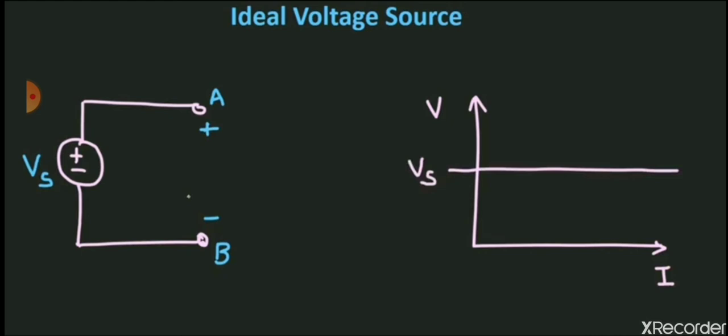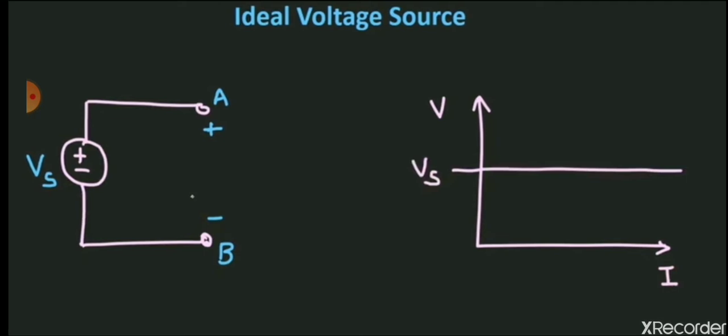This Vs represents supply voltage, plus minus indicates the polarity of the voltage, and ideal voltage source has no internal resistance, or we can say that it has zero internal resistance. So as it has no internal resistance, the terminal voltage always remains constant with respect to load current. So we can see the characteristics of voltage versus current. This voltage remains constant with respect to current.